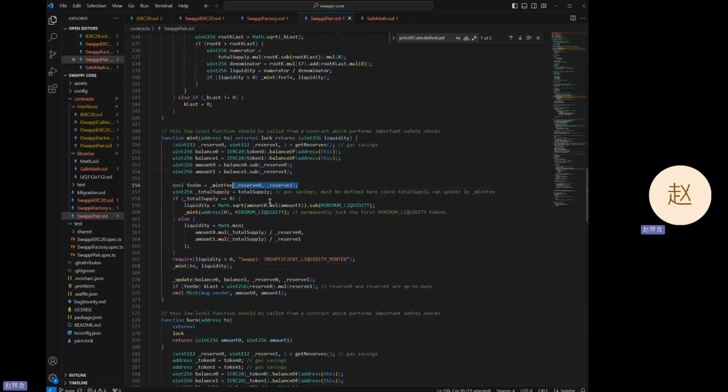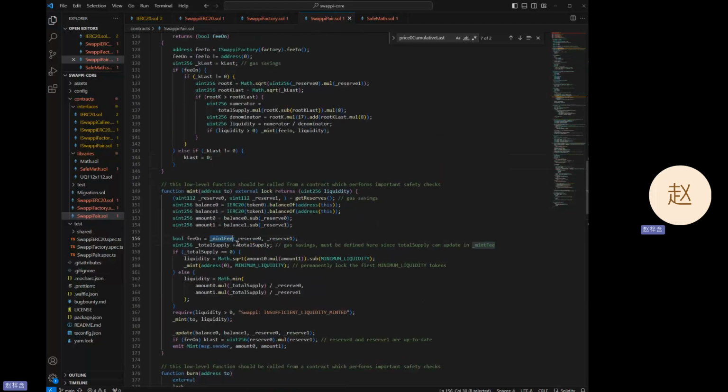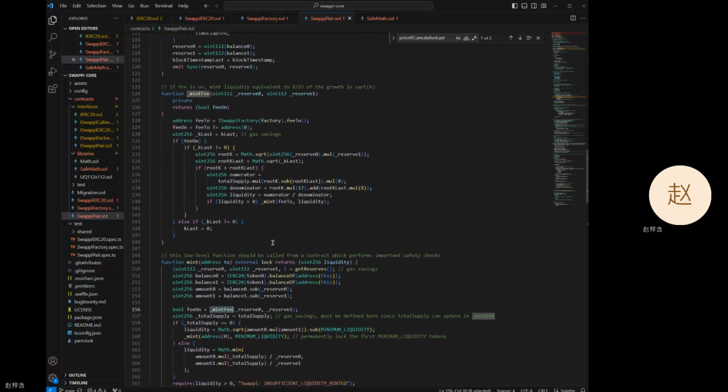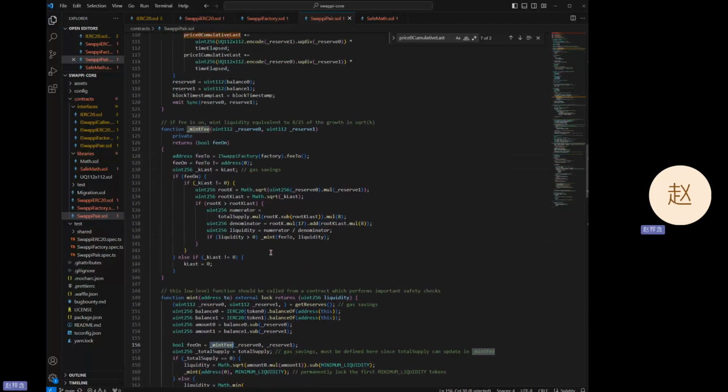And based on the current reserves, we should mint a fee first. And here are the mathematical calculations to calculate how many fees to mint to fee 2.